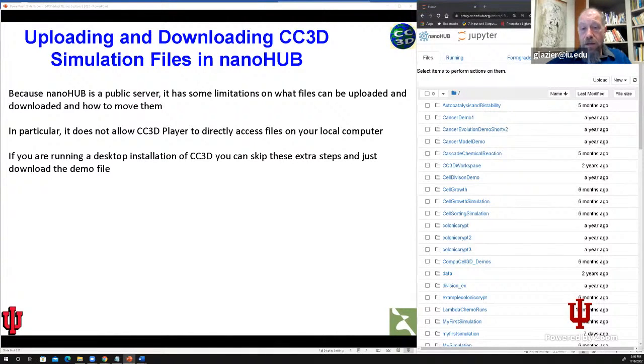I also put into the chat, it was the last chat message that I had, a link to the file we're going to use as a demonstration to upload and download. You'll need to pull that file from the Google Drive to your local machine so that you can then upload it.